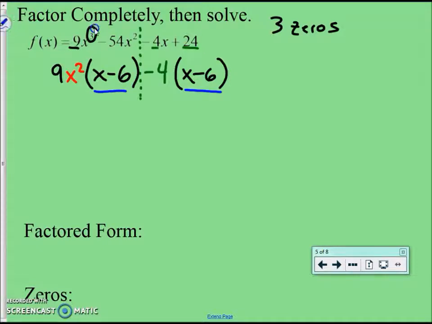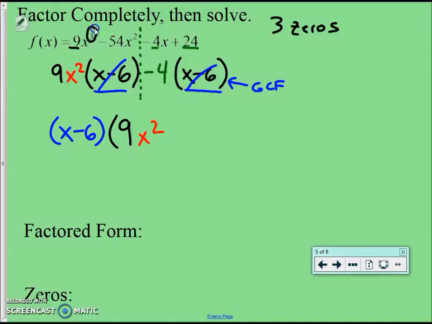So now I see that x minus 6 is one of my factors. That would be my GCF over these terms. Okay? And then what I'm left with after I divide it out is 9x squared minus 4.